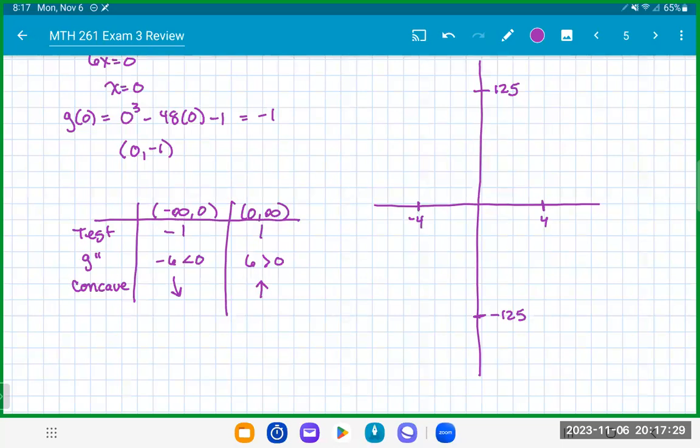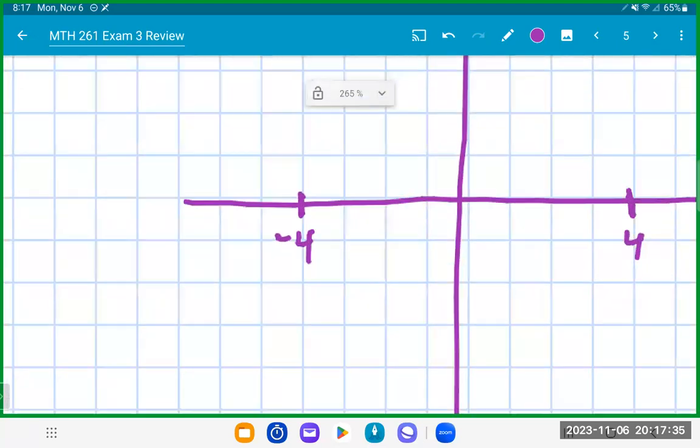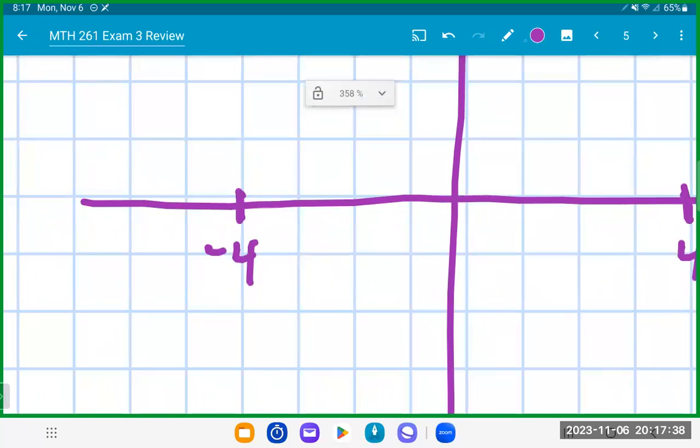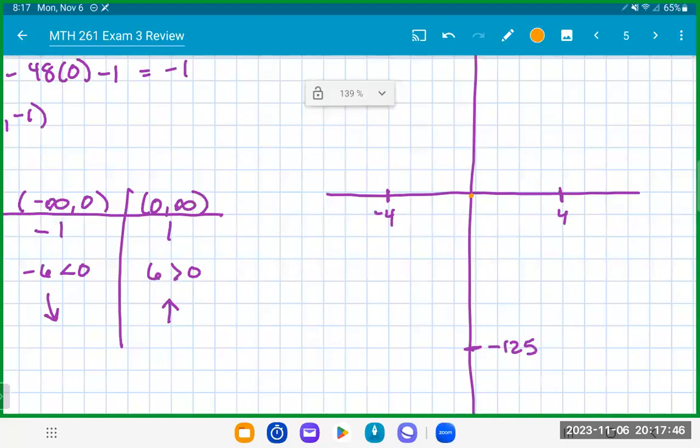So first of all, we have an inflection point at (0, -1). So here's 0, here's -1, right? Because we're not quite on the axis, but there's 125 between here and there. So it's somewhere there. Obviously, I'm not going to grade super precisely.